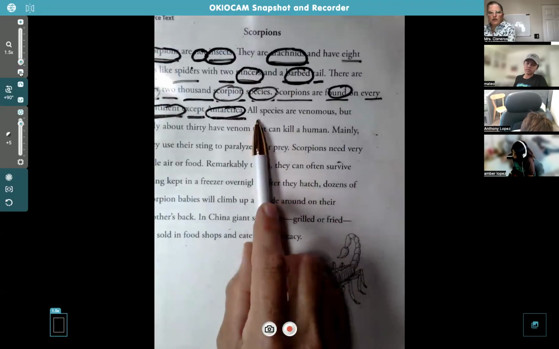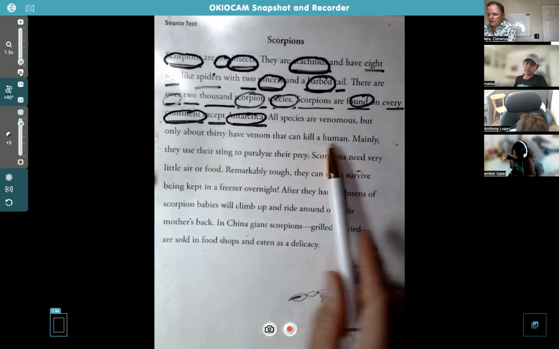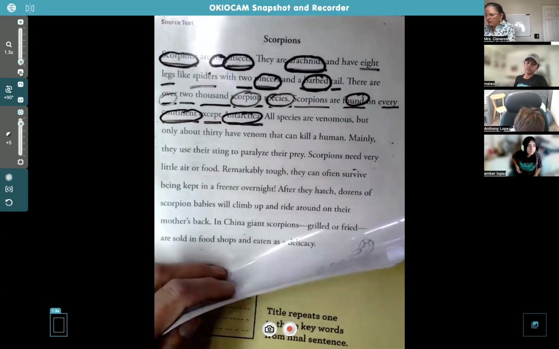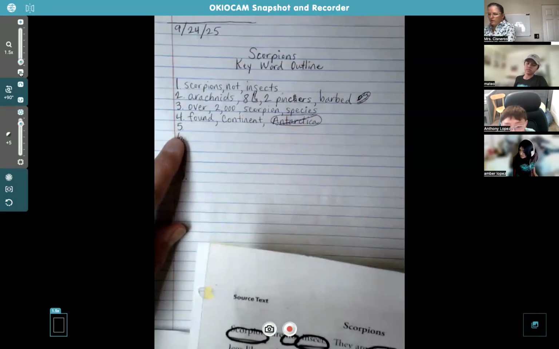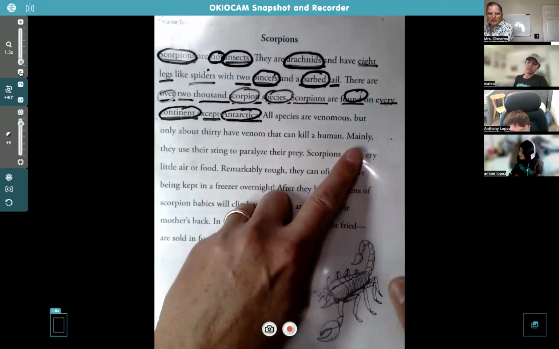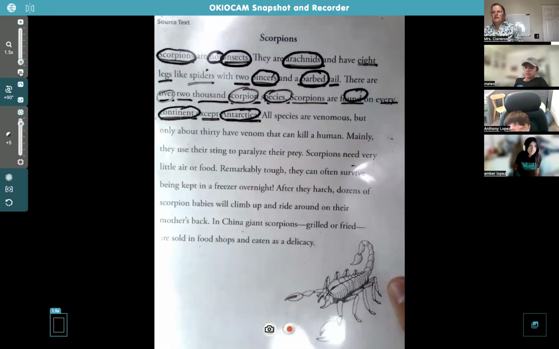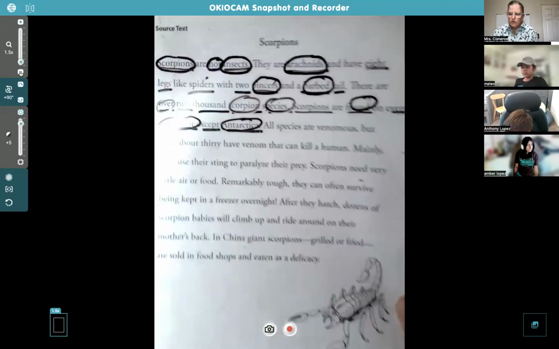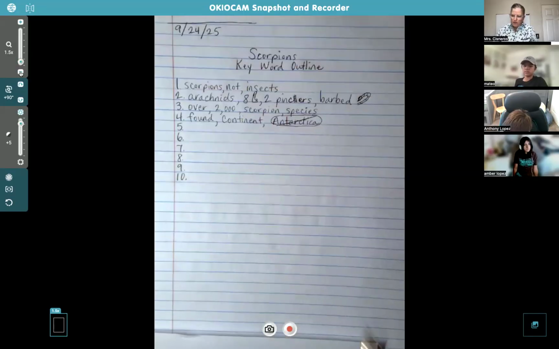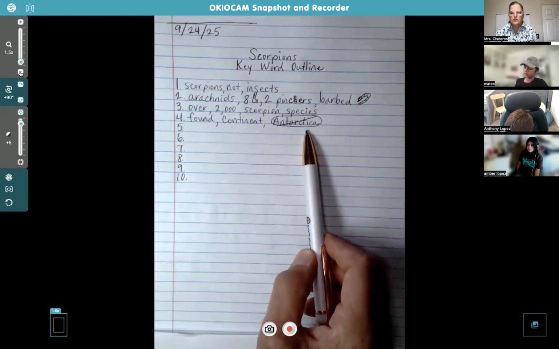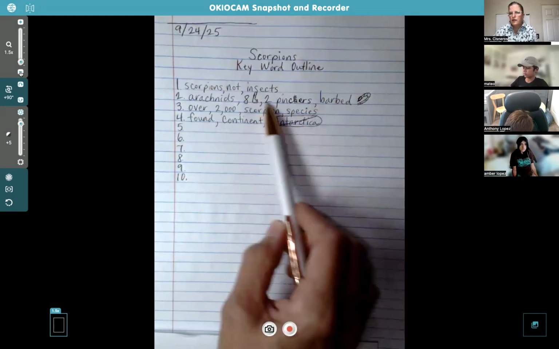So you're going to keep going on to the next sentence and then fill in the keywords following the rules for number 5. It's the next sentence. And then you're going to go on to number 6, the next sentence, and keep doing the same pattern we did in class. You're going to find those keywords, pick 3 of them to use, and you can use numbers and symbols and abbreviations in between, like we did up here.